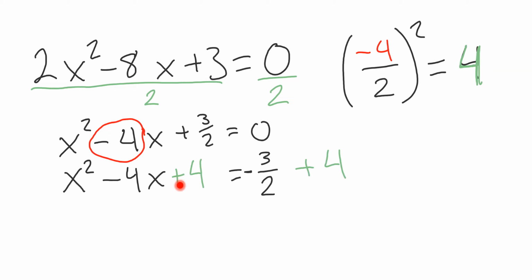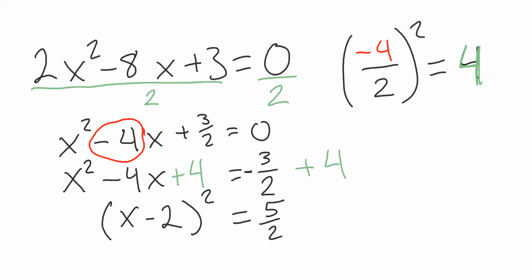We have those extra constant terms that we had to rearrange. So 4 plus a -3/2, 4 is 8/2, and then we're going to subtract 3/2. So we're going to get a 5/2 over here. Okay. That was just me adding those two terms on the right-hand side.